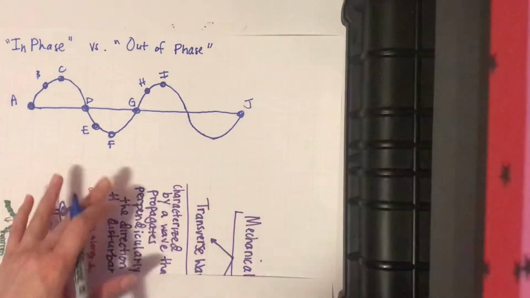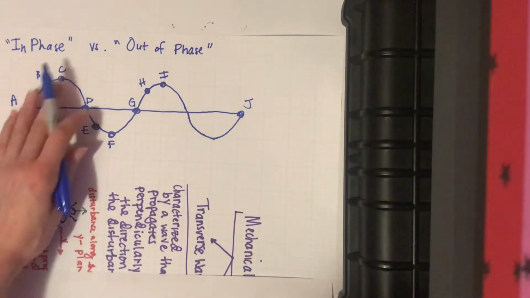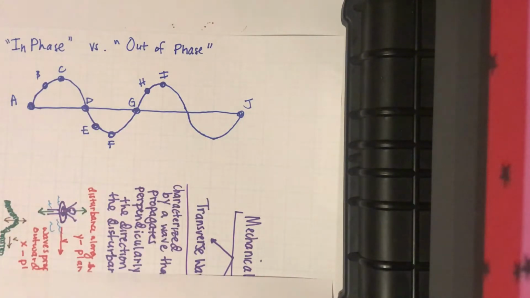Okay, now I want to distinguish between points on a transverse wave that are in phase versus out of phase.